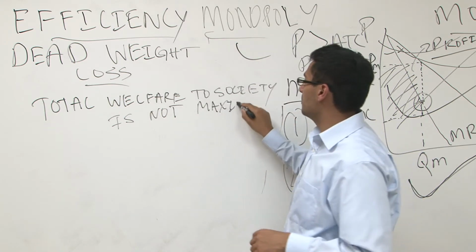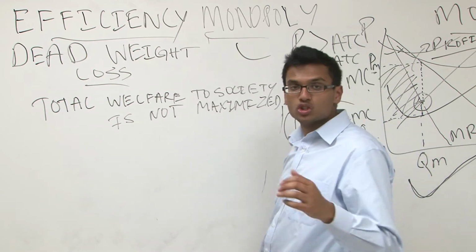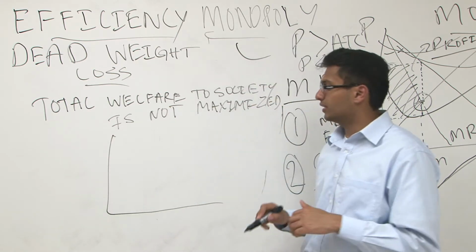We talked a little bit about this when we talked about consumer surplus and producer surplus. So let's look at this monopoly graph that we have.